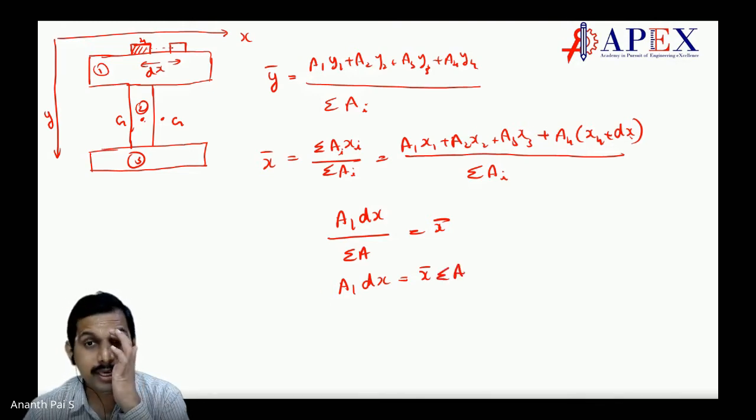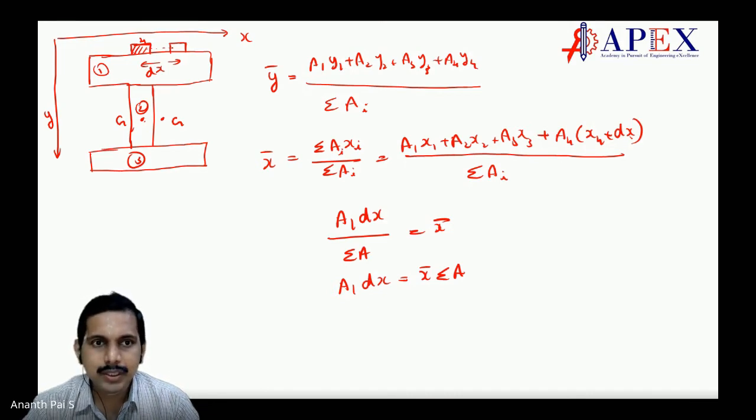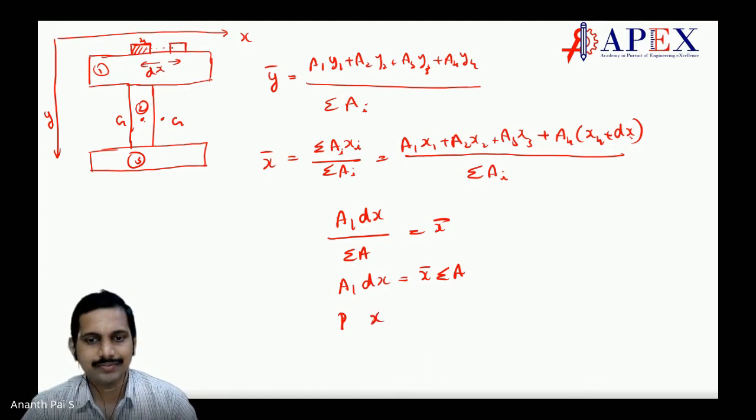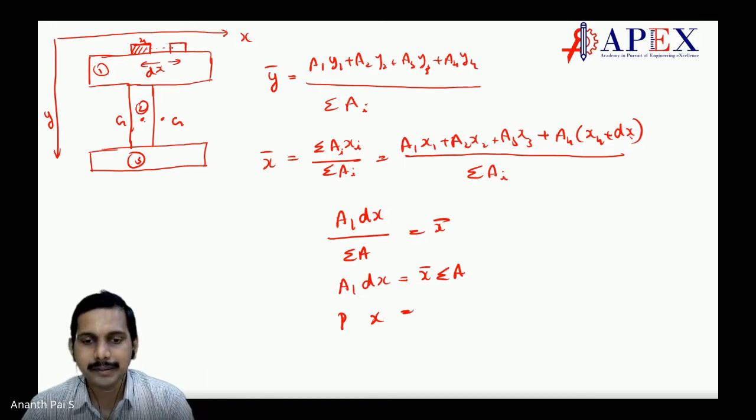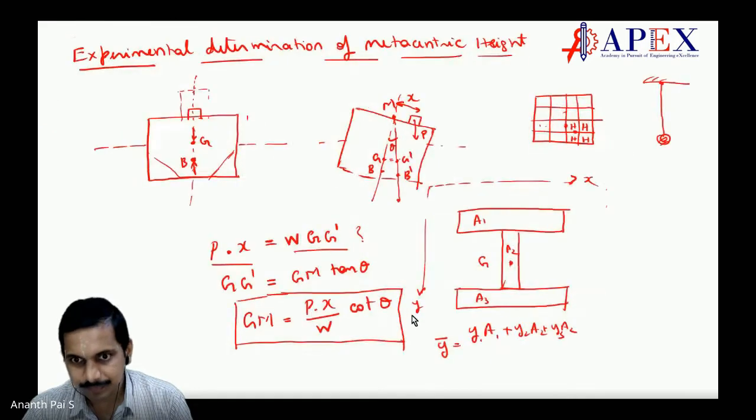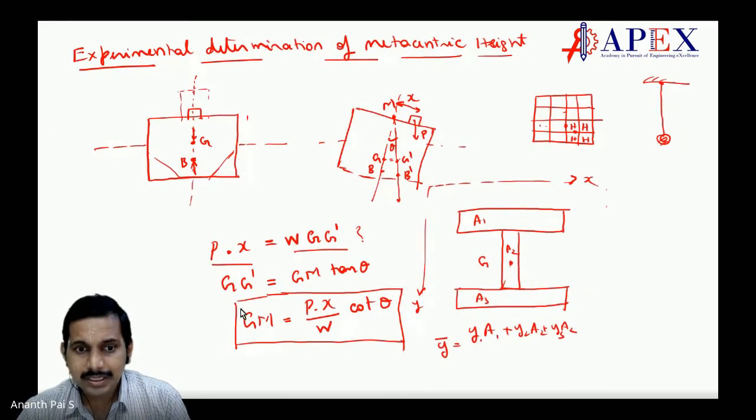Now instead of area, put the mass there. Instead of a1, let us put P. Instead of dx, let us take x. Instead of x bar, let us take this one, the new x bar, which is G G dash.